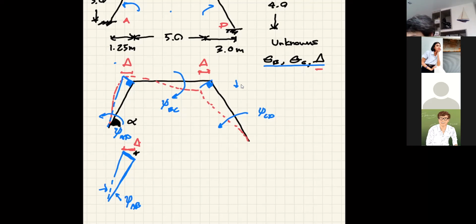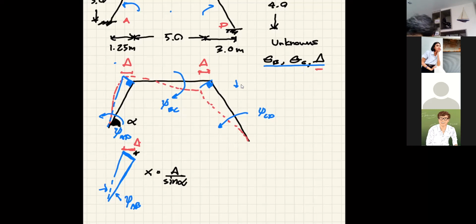Now x is going to be equal to delta over sine alpha, right?